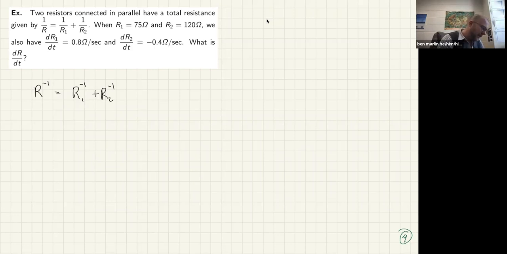And so out to the side here, I'm going to later need to figure out what that R value is. And so I'm going to write down R inverse equals 75 inverse plus 120 inverse. And so the R that I'm going to have to plug in later on is going to be, let's see, 75 inverse plus 120 inverse.